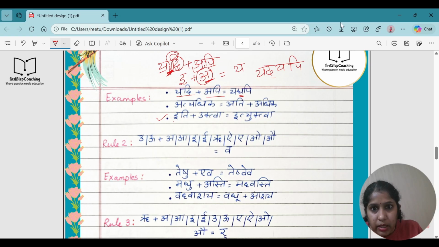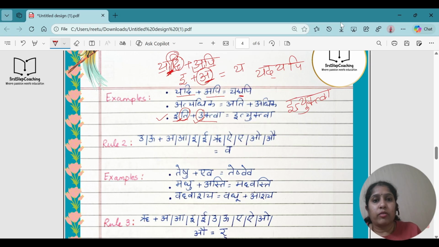So if you see this word, iti and uktva, so the change is going to happen in this place and in this place, right? Rest of the things are going to be same only. So let's first write the things which are going to be same only. Correct? Now what I told you, whatever the letter is there with E ki matra, you make half of that. Yes, we did. Then E becomes ya, and ya is going to take the swar, whatever is there after this. It is u, so we will make it u. Correct?